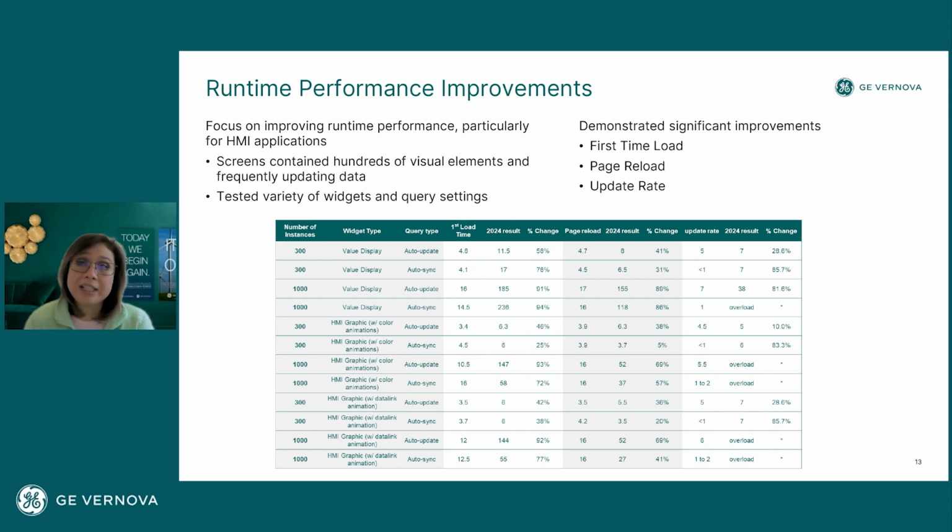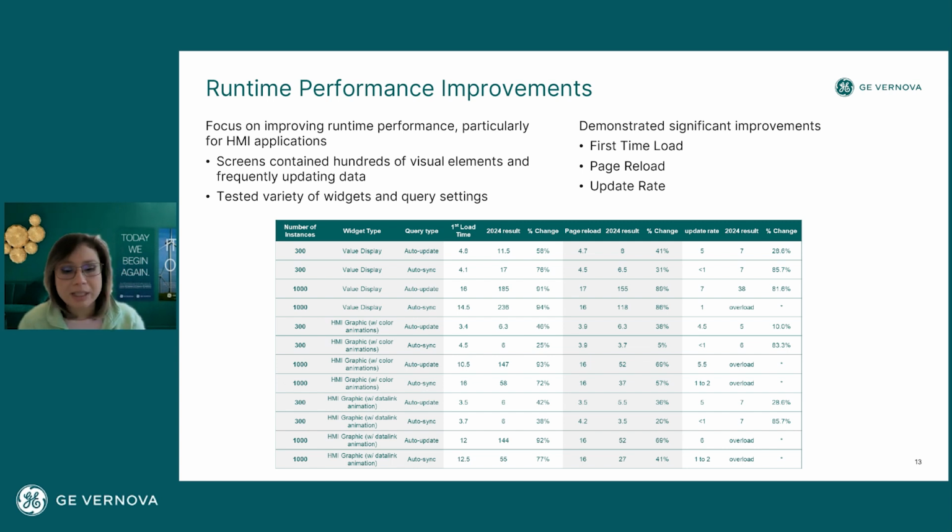All right, I do just want to give a quick nod to some of the runtime performance improvements that were done this release. I had mentioned that one of our use cases is to support HMI screen building. And as part of that, we have to make sure that Operations Hub is performant to folks' expectations of an HMI screen.